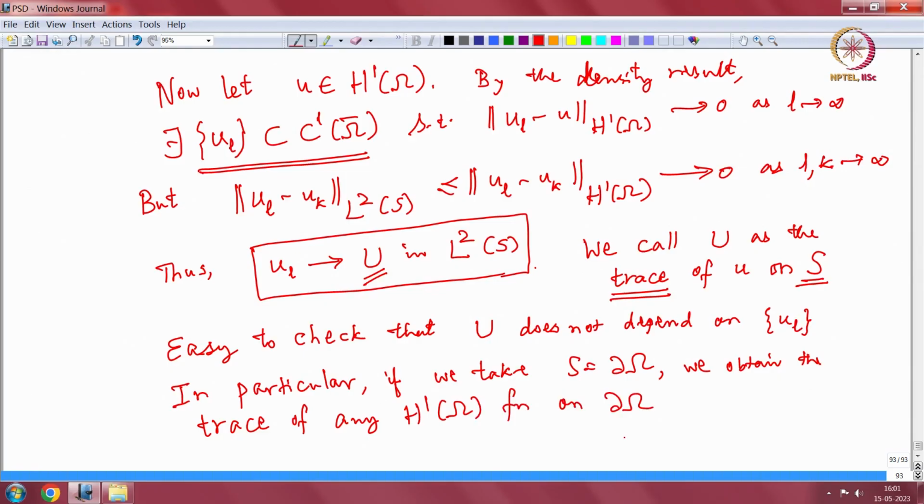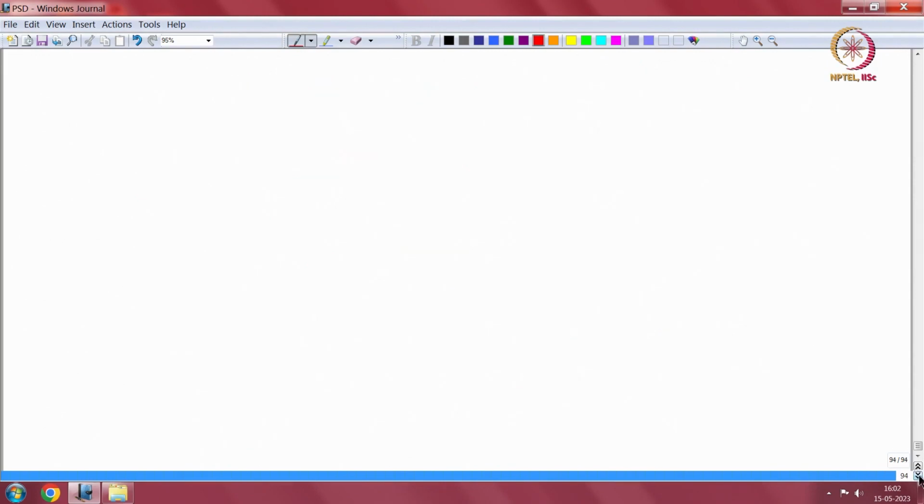In fact, usually in the literature, trace refers only to the function defined on the boundary. So we observe the following: for any u in H1 omega, we have the notion of trace of u.